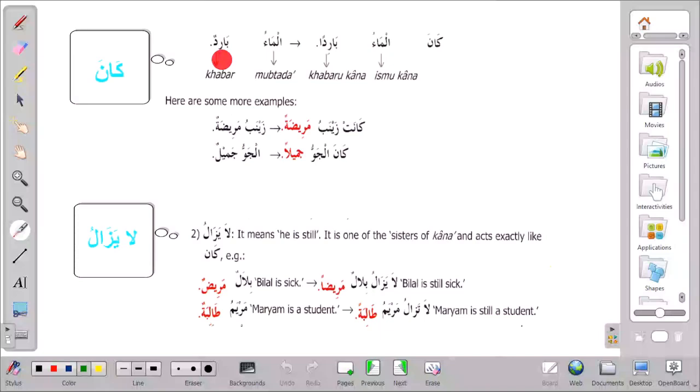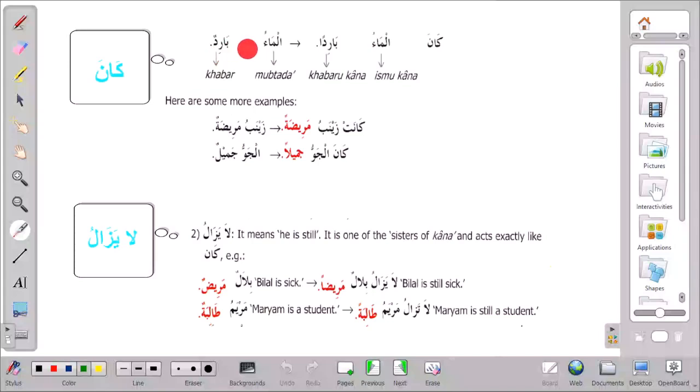Inna alhamdulillah. But here it is the opposite. Kana is the opposite of that. In kana, the ism kana is always marfu, and the khabar kana is always mansub. So the noun coming after kana is marfu, and the khabar, what gives the information, is mansub.